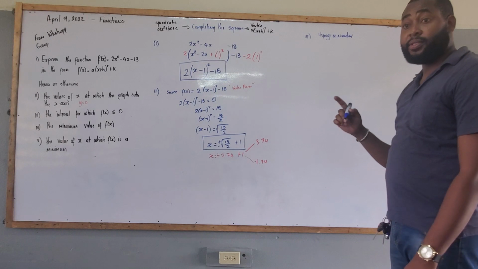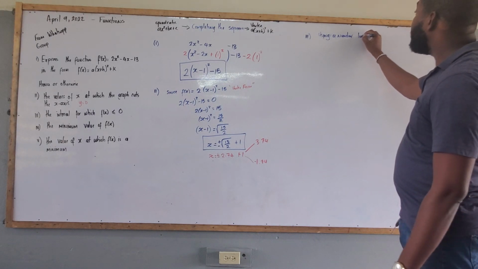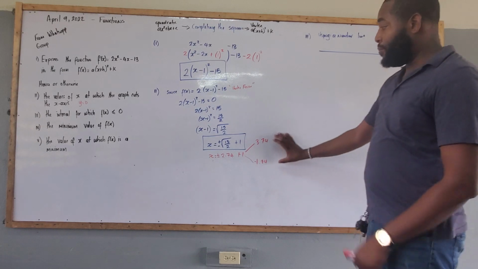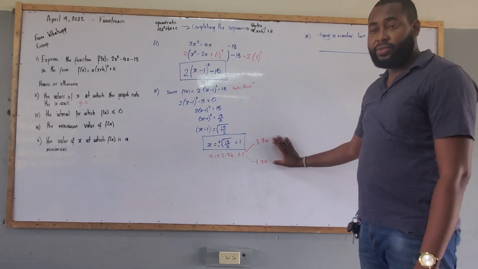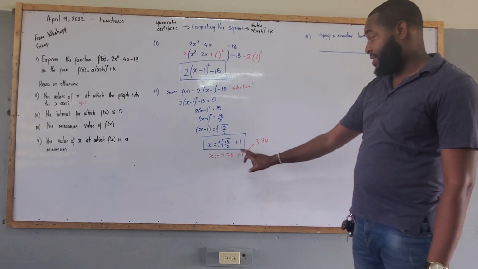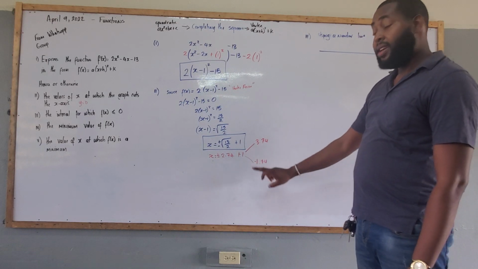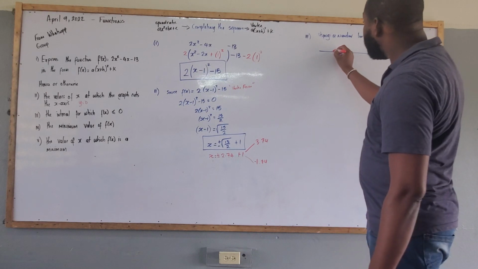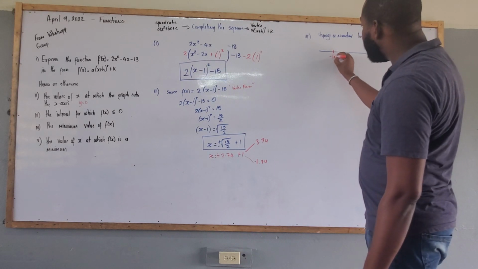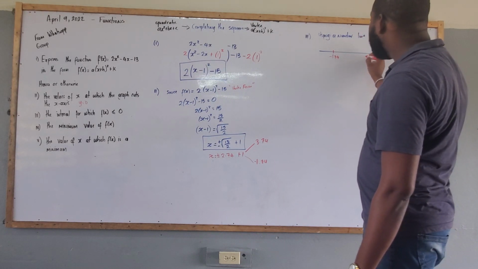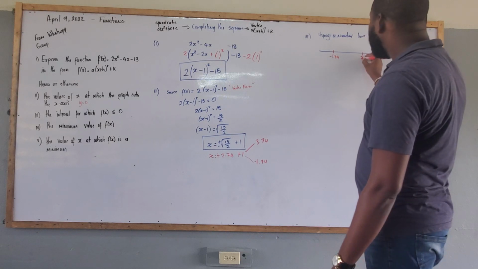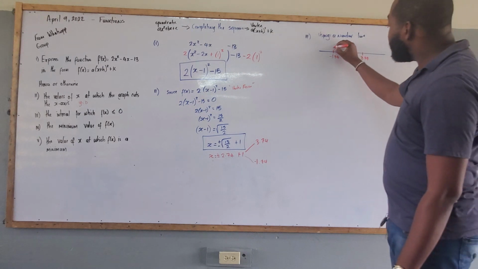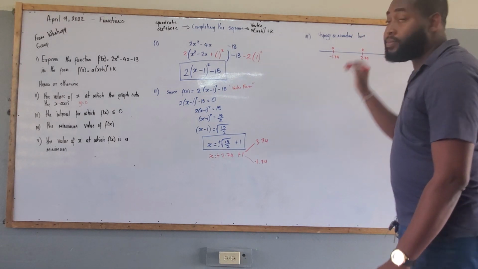On the number line, I'm going to put in my two zeros: a 0 at approximately negative 1.74 and a 0 at negative 3.74. So at these two points, my function is equal to 0.